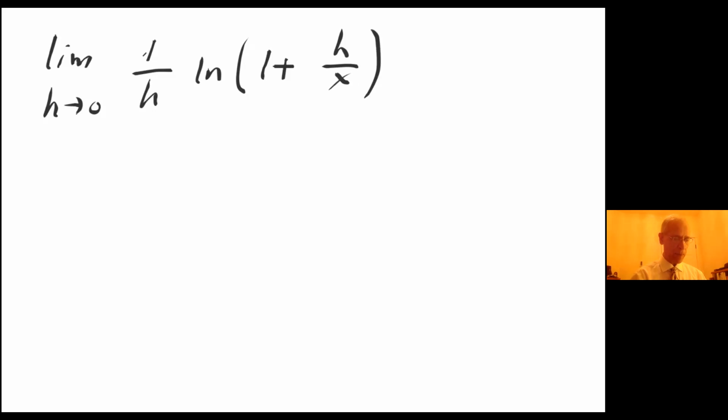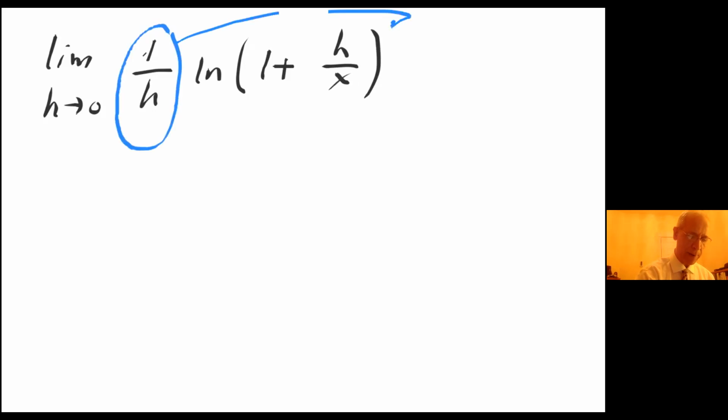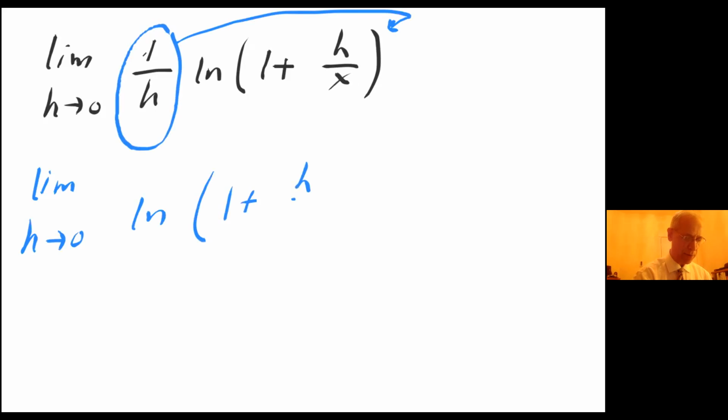And now I'm going to use laws of logarithm and put this on the power. So I'm going to write the limit as h approaches 0 of natural log of 1 plus h over x, to the power of 1 over h. And now things start looking promising to me. Here, I'm going to make a substitution.